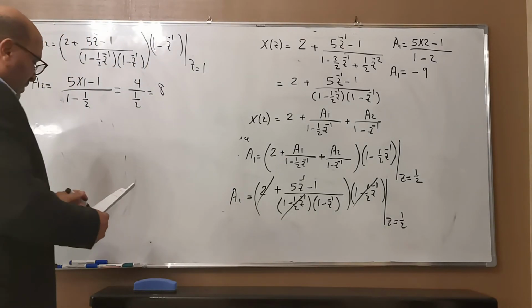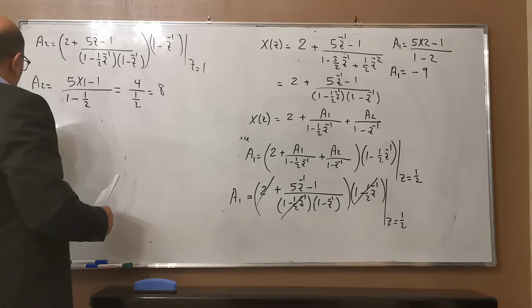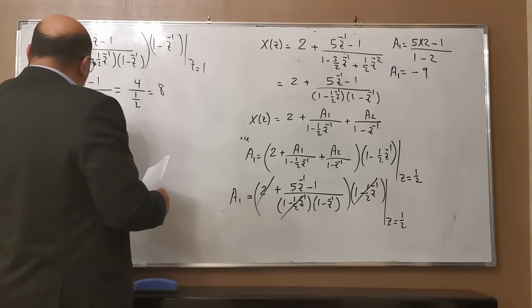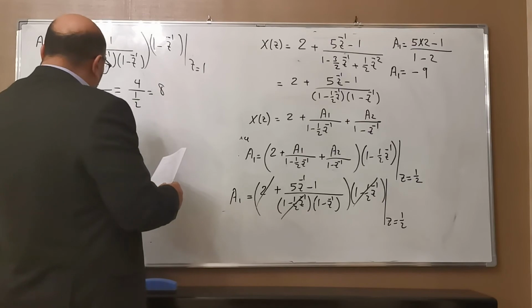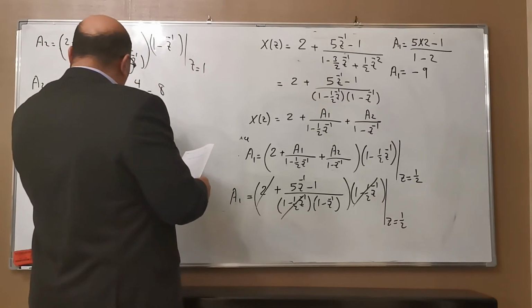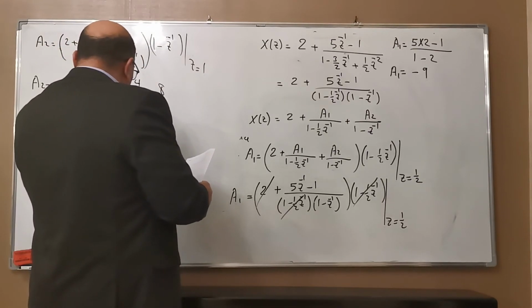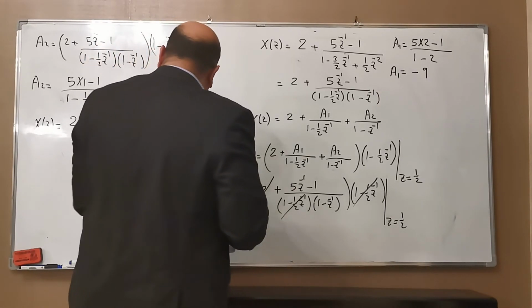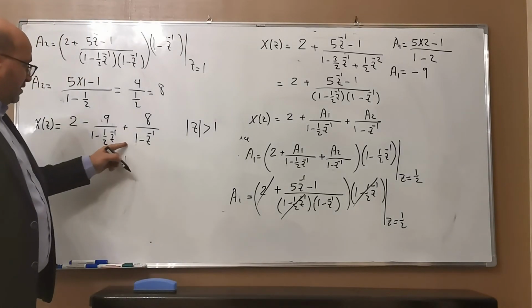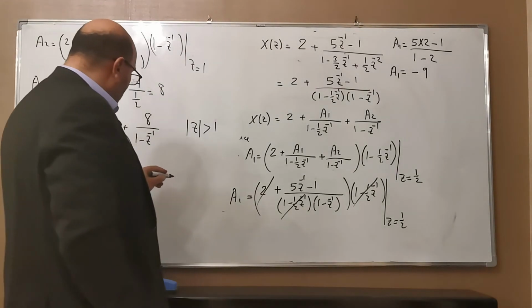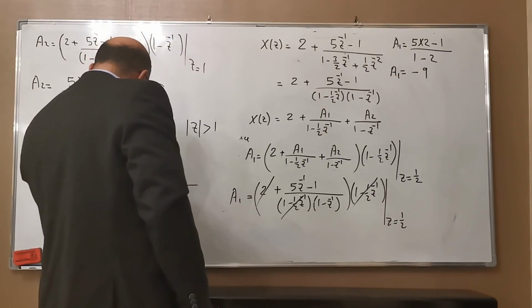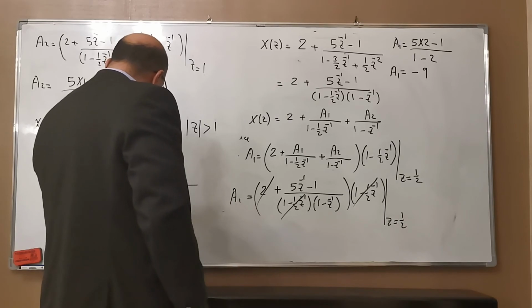Yeah. So now X of z is equal to 2 minus 9 over 1 minus 1/2 z inverse plus 8 over 1 minus z inverse. And here the magnitude of z is greater than 1. Notice that here you have two poles of the system. One pole is at 1/2 and the other pole is at 1.